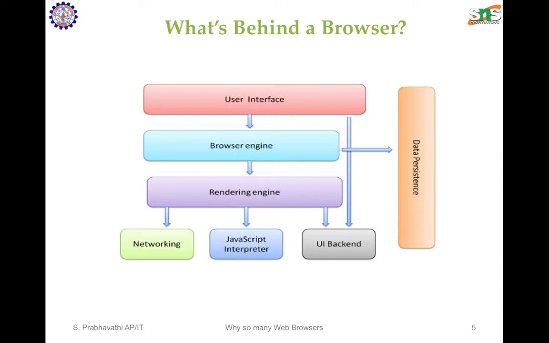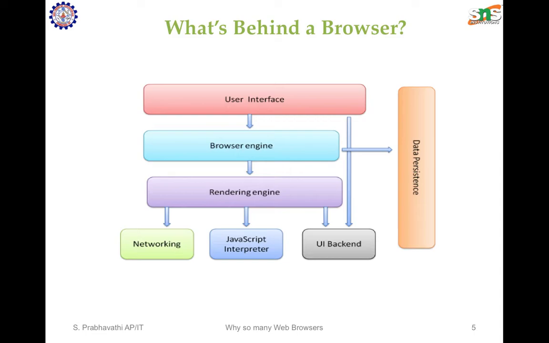Firefox uses the rendering engine Gecko. Safari uses WebKit. Chrome and Opera use the Blink rendering engine. And coming to the networking component, it is for network calls such as HTTP requests, using different implementations for different platforms behind a platform independent interface.